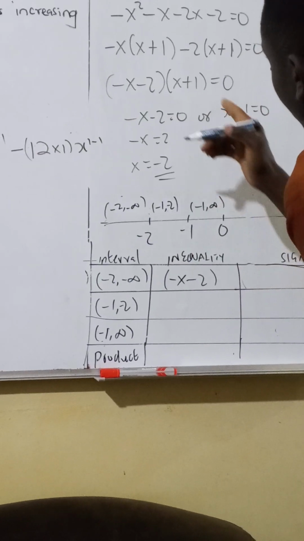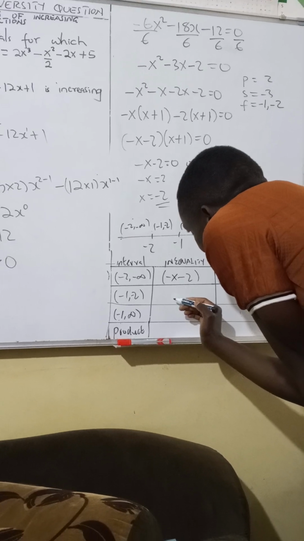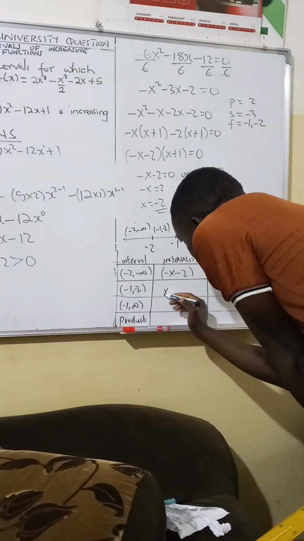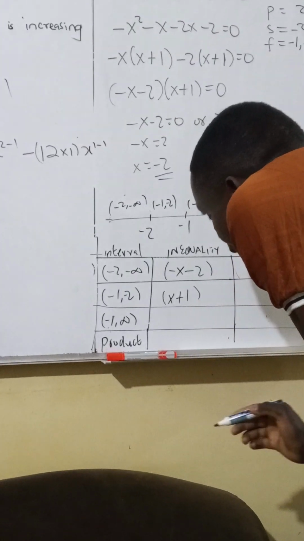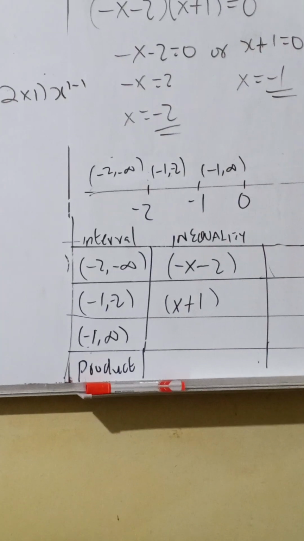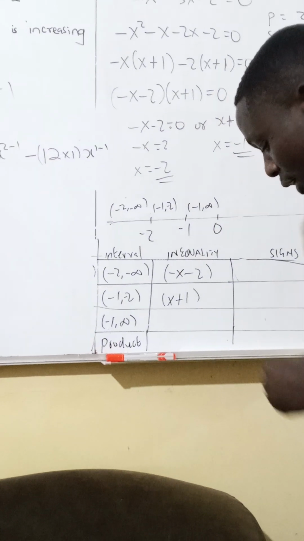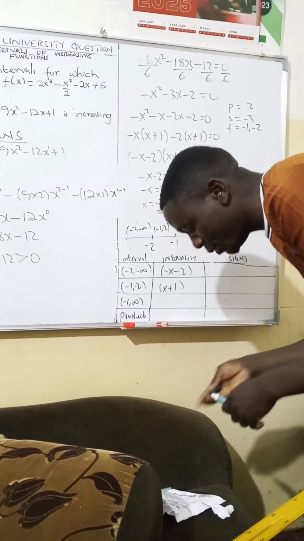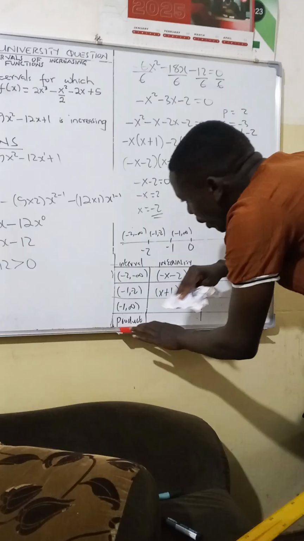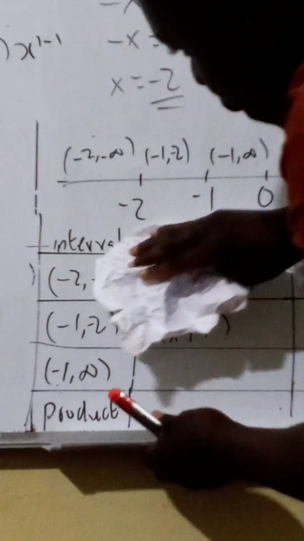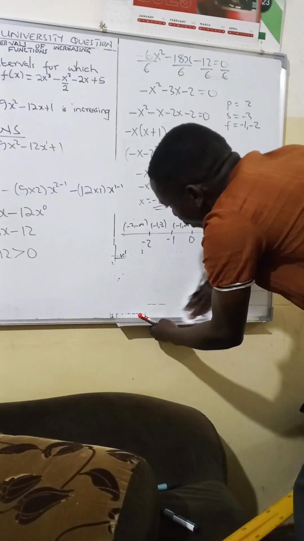The other one is x plus 1. So now, if I pick, I think I've interchanged the columns. Let me draw my testing table nicely.